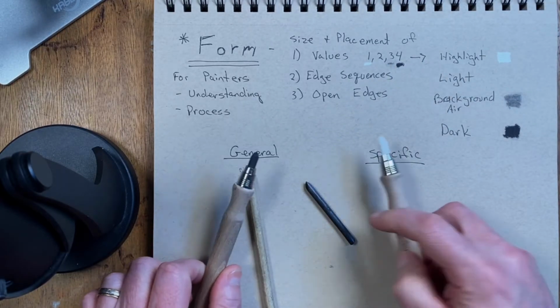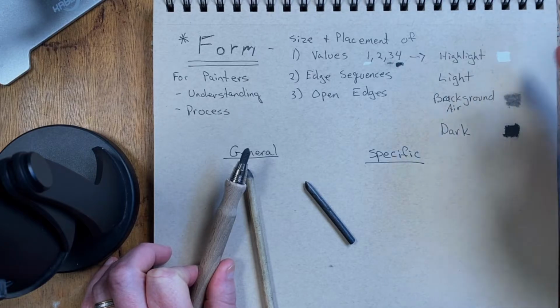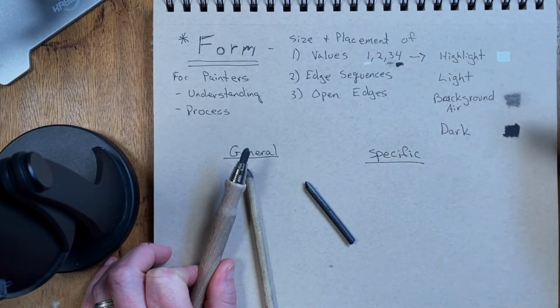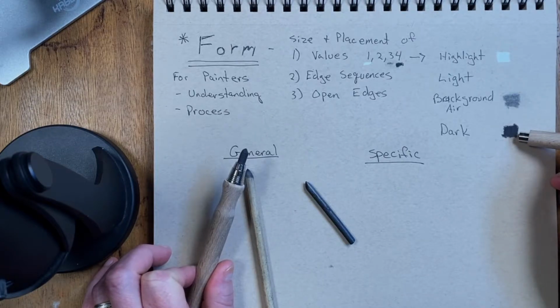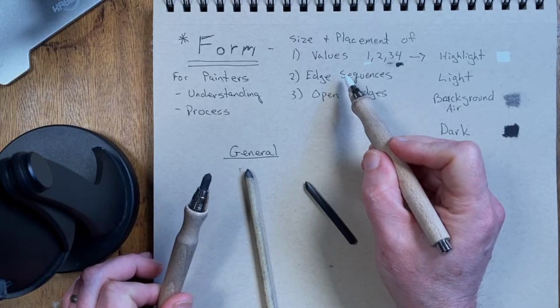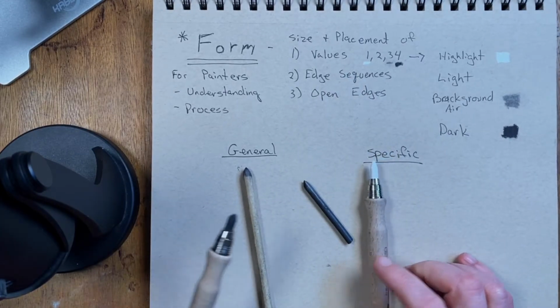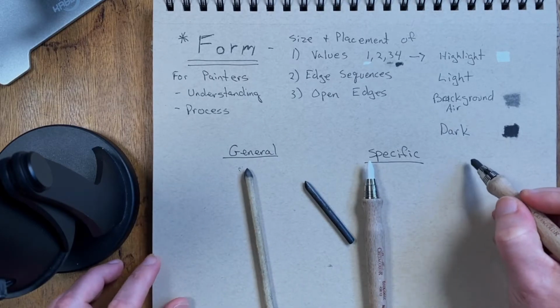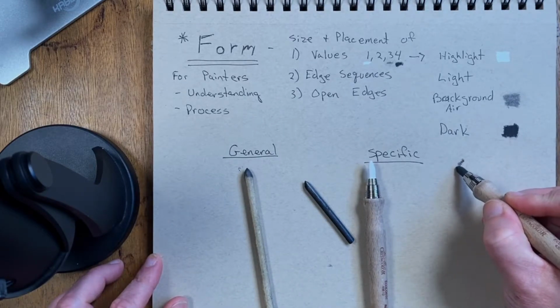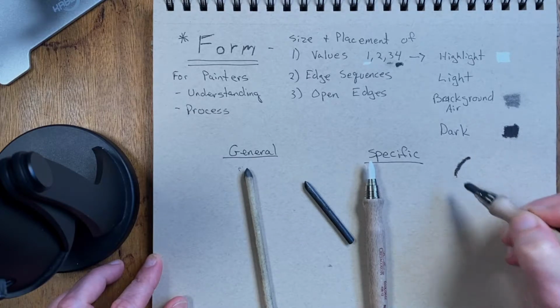Okay, so again, I really need you guys thinking in terms of 1 value, 2 value, 3 value, and 4 value. Okay? Then for edge sequences, when we're talking about form, there's going to be a hard edge at the start.